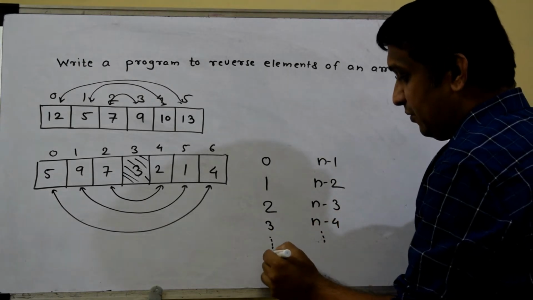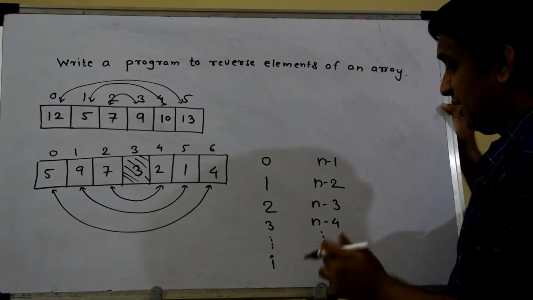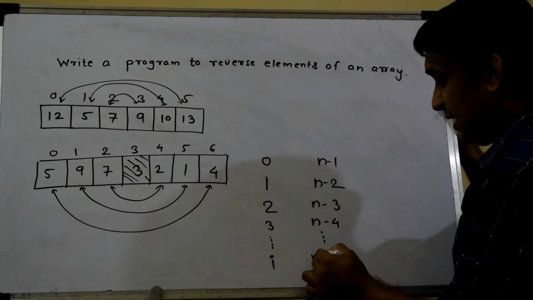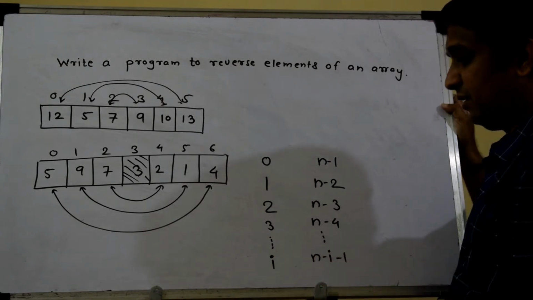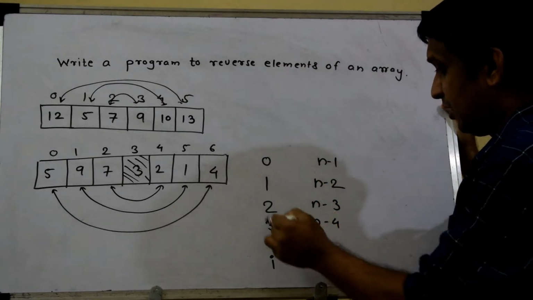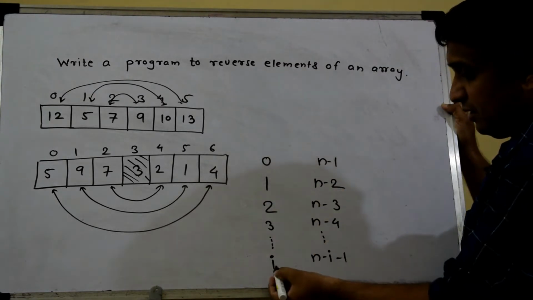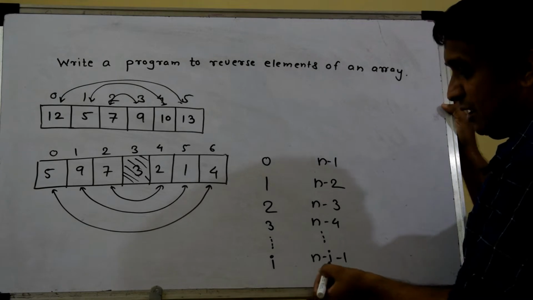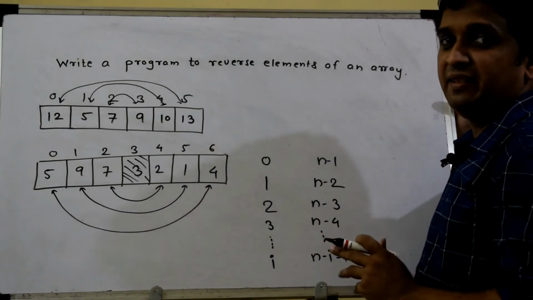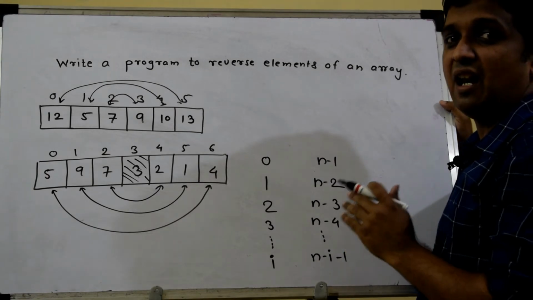In general, if the ith element is there, then I need to swap that element with n minus i minus 1. So following this calculation, in general I need to swap the ith element with n minus i minus 1, and I will do this till half of the array.